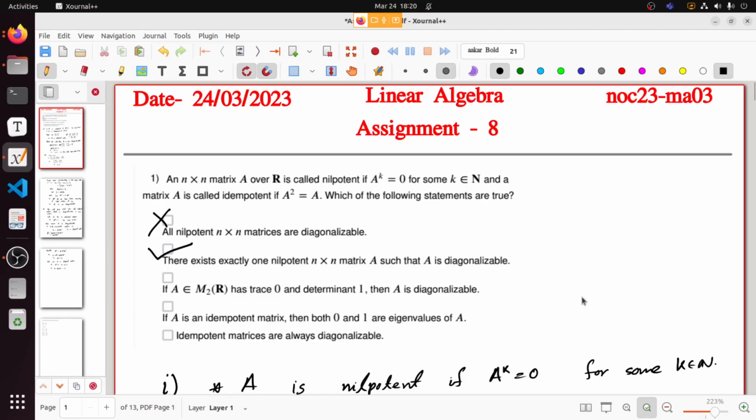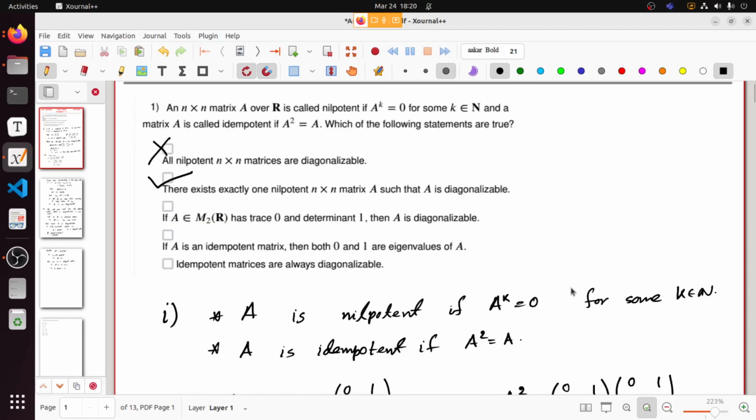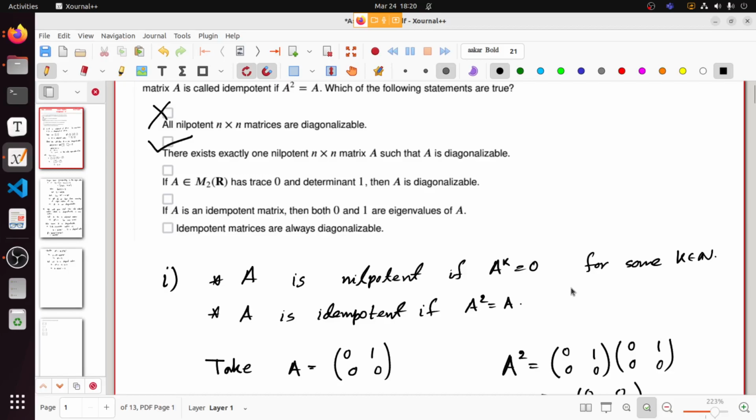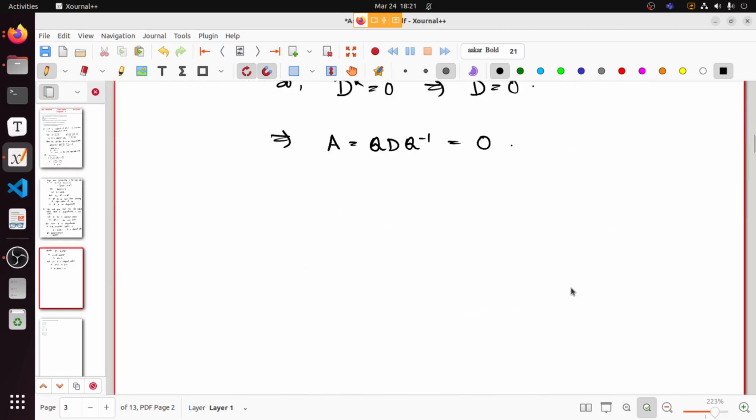Let's take option 3. If A is in M2(R) has trace 0 and determinant 1, then A is diagonalizable. Given that it's a 2 cross 2 matrix, trace is 0 and determinant is 1, you have to check whether it is diagonalizable or not.